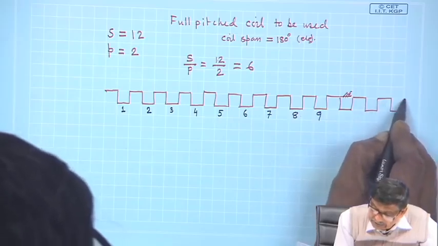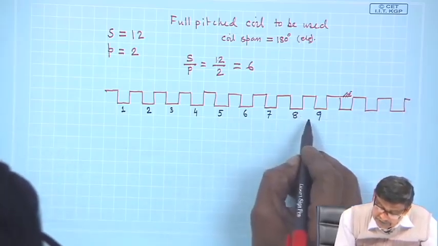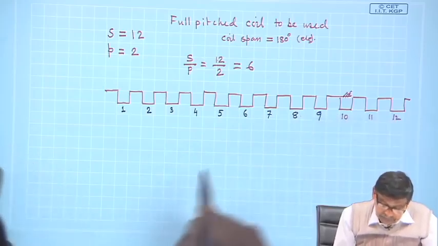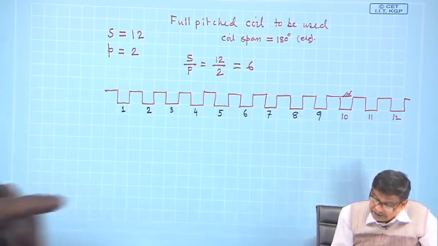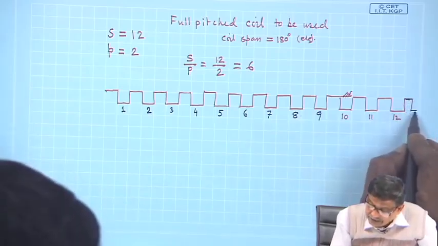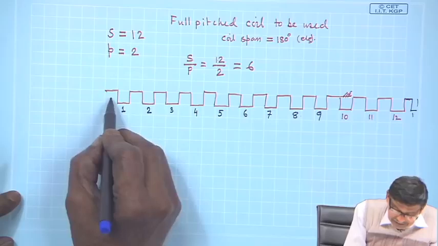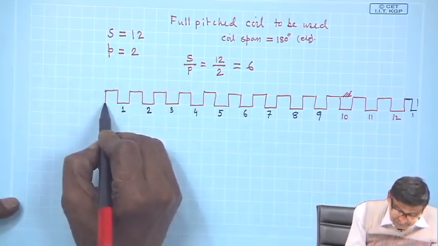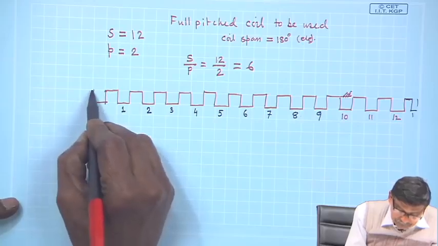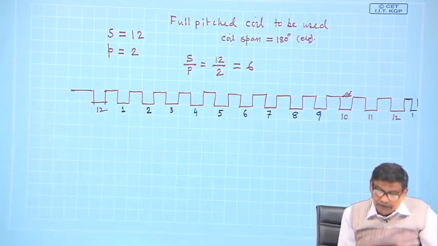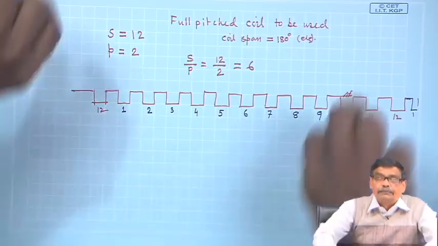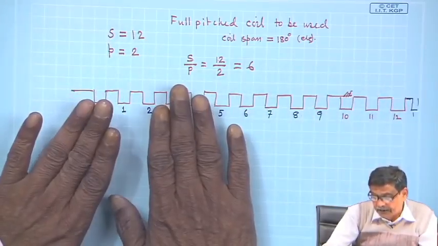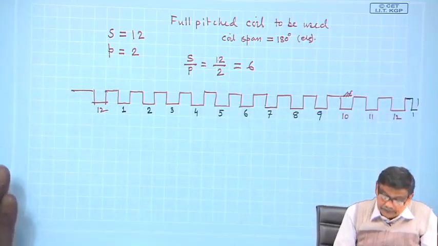It goes like this. So, 8, 9, 10, 11, 12, and after that once again it will be 1, and in fact before this it was 12, because the circular thing I have unwrapped and put on a plain paper like this.